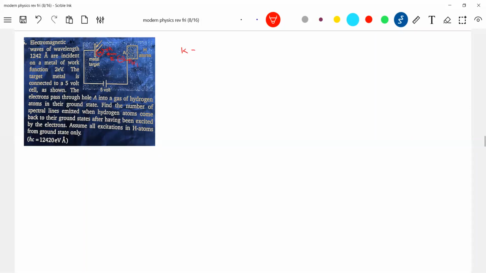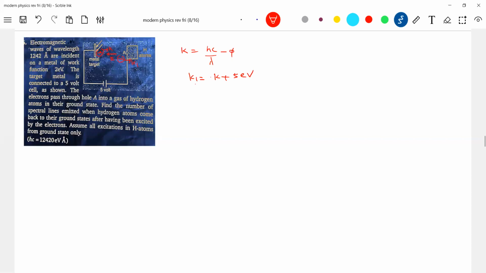K is equal to hc by lambda minus work function. And K1 should be equal to K plus 5 eV, 5 electron volt it is, because the accelerating potential will accelerate the charged particle.